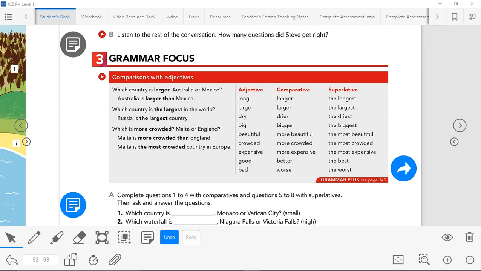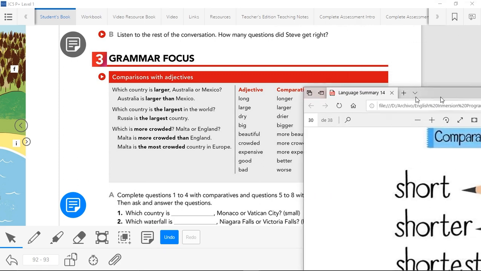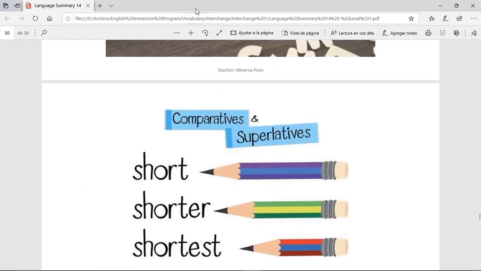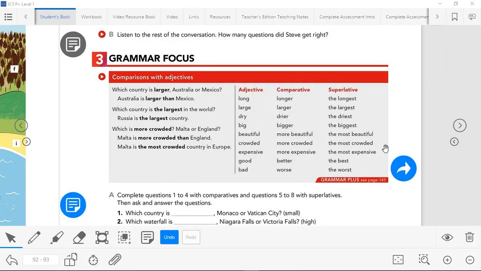Well, before getting there, I have some material as always to continue seeing this. And as I was saying, we have the normal adjective, short, the comparative, which is shorter, and the superlative, that is the shortest. Something to notice is that every time you talk about the superlative, you always use the.